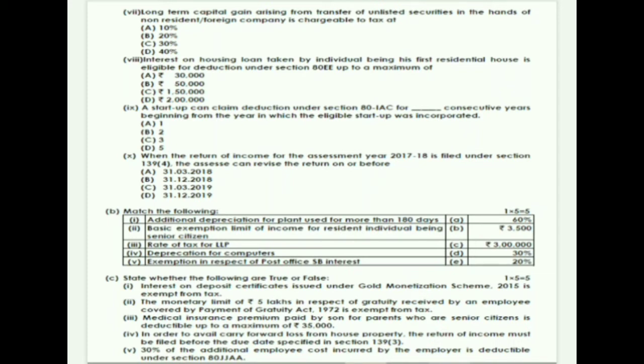Income of a partnership firm is taxed at the rate of 30%. That will be the answer, 30%. Apart from this, plus 2% education cess and 1% secondary and higher education cess, similar to a limited company, will be there. But for this, it will be 30% only. For your information, 2% education cess and 1% secondary and higher education cess.